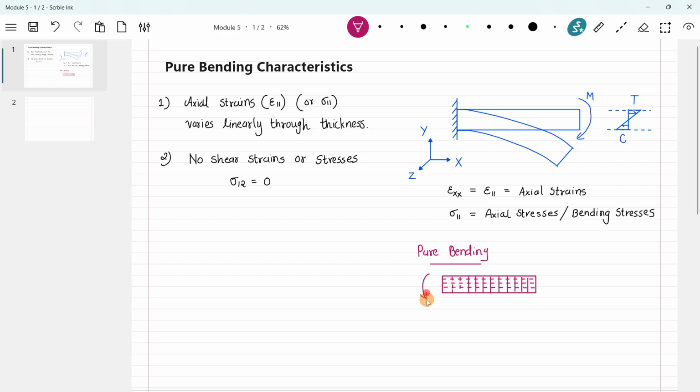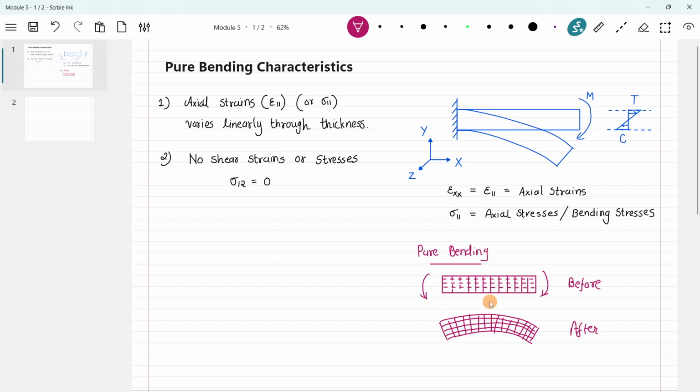Under bending moment, the structure is going to deform in this fashion. So as we know, in pure bending, the lines which are perpendicular before deformation remain perpendicular after deformation. So that is the pure bending.